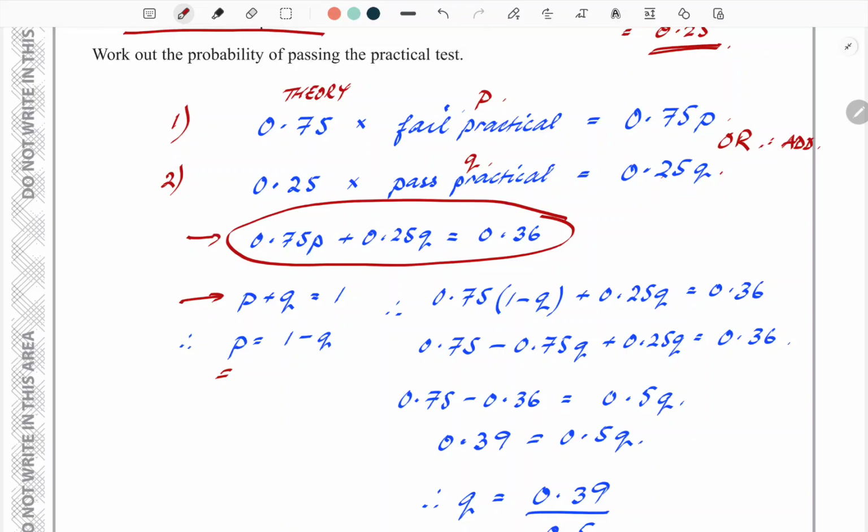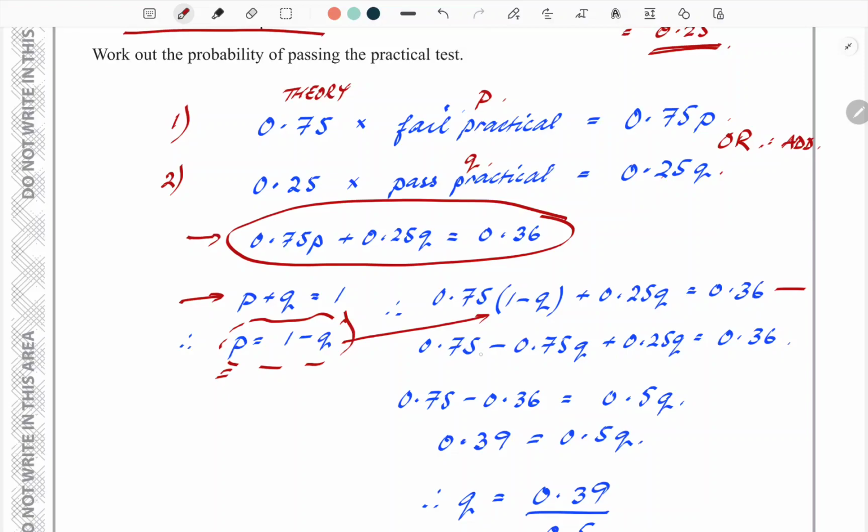So what we're going to do is replace the P in our original equation with 1 minus Q. So 0.75 times where the P was is now 1 minus Q plus 0.25Q equals 0.36.